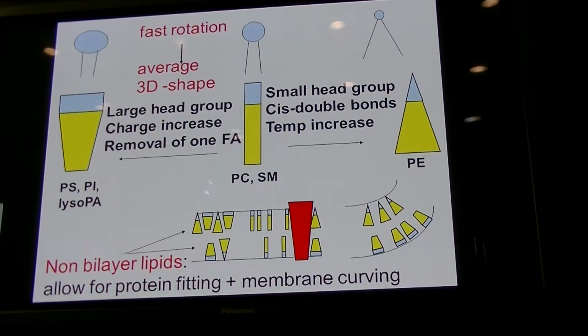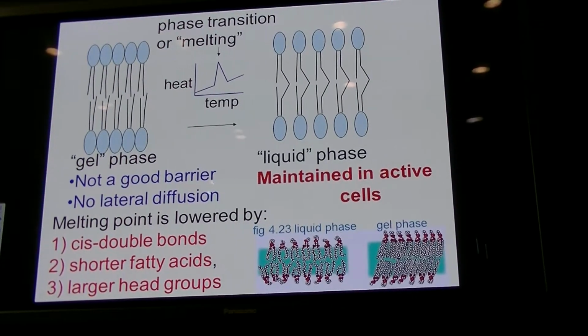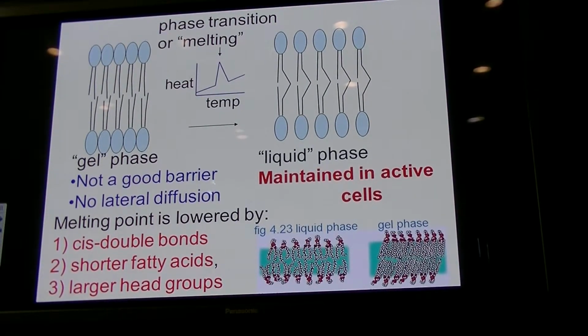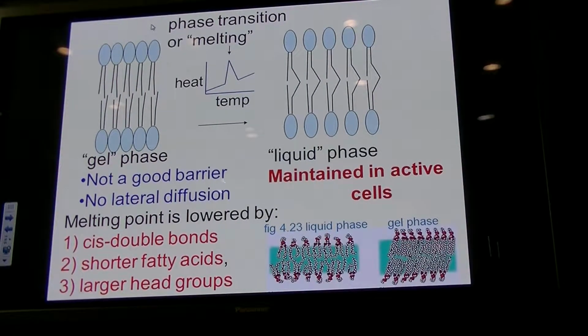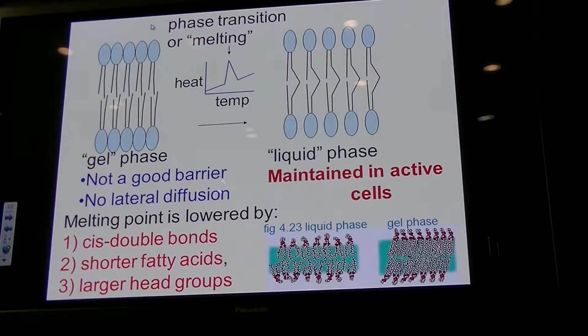Okay, so what else do we need to know about lipids and how they behave? Well, I've said that the model for the biological membrane is called the fluid mosaic model, where the proteins float around in the lipids. And that means that the lipids have to allow for a lot of motility. The lipids themselves also move around.